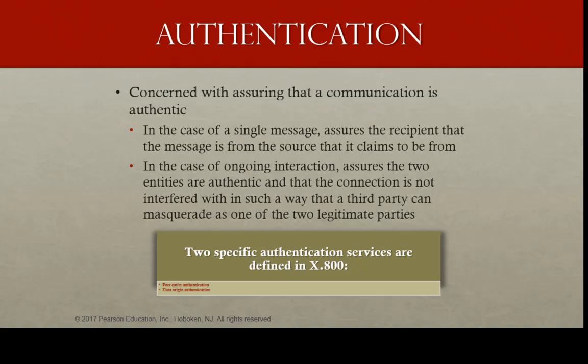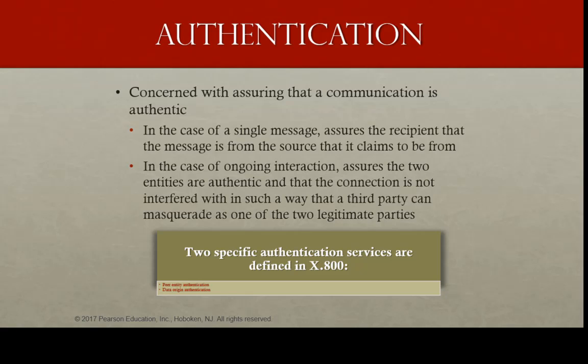Peer entity authentication is provided for use at the establishment of, or at times during the data transfer phase of, a connection. It attempts to provide confidence that an entity is not performing either a masquerade or an unauthorized replay of a previous connection.